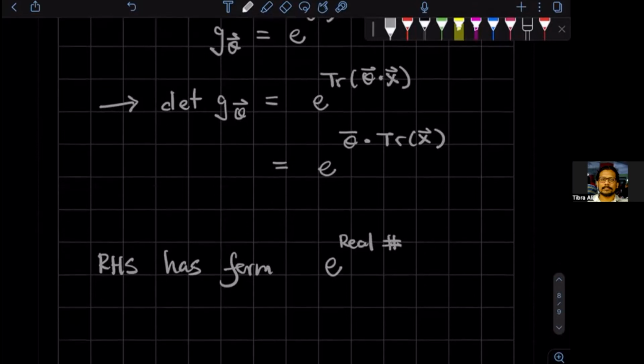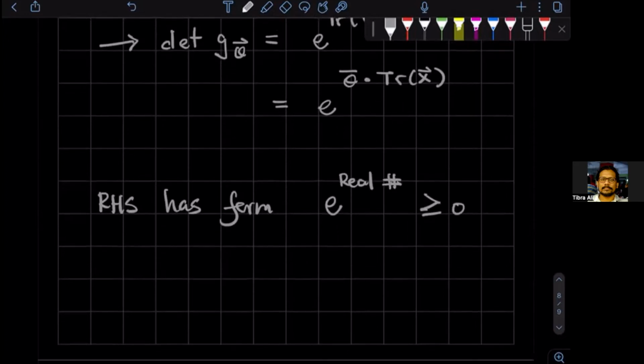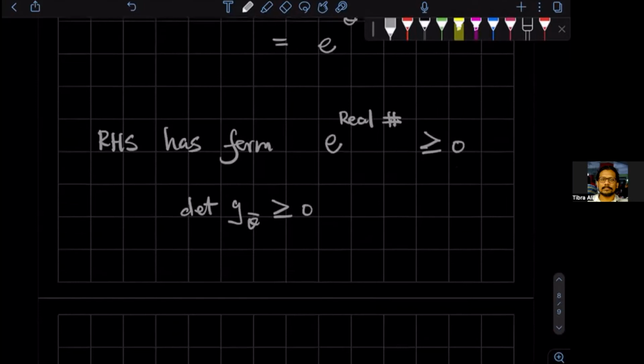Now, we know that this has to be either 0 or positive, right? And therefore, the determinant of g of theta must be real or positive.